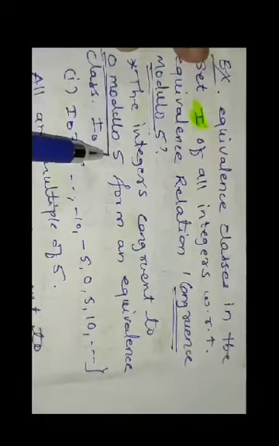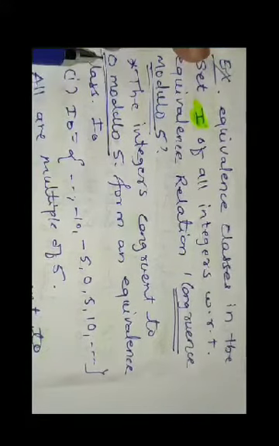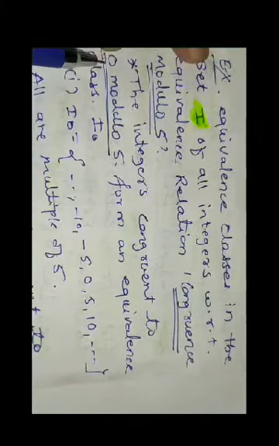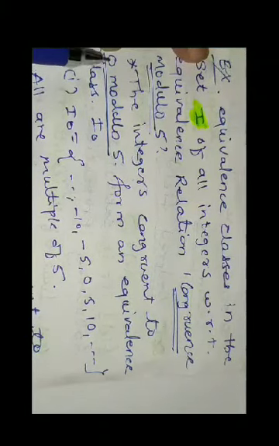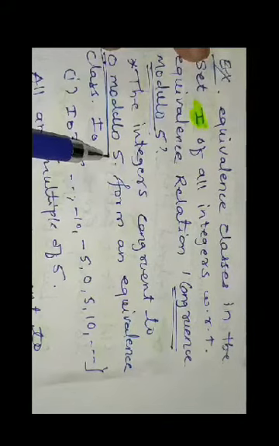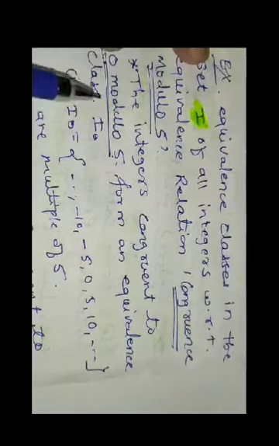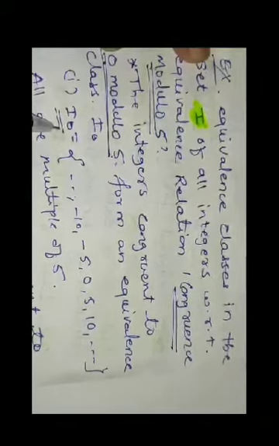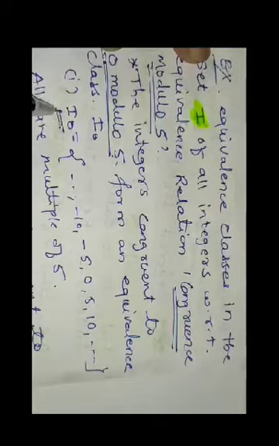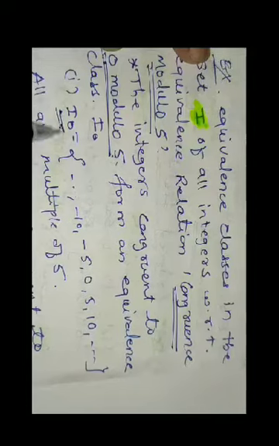Here we observe the integers congruent to 0 modulo 5. Congruence 0 modulo 5 means take those elements leaving a remainder 0 after dividing by 5. That gives the I0 class. Which elements are included in the I0 class?